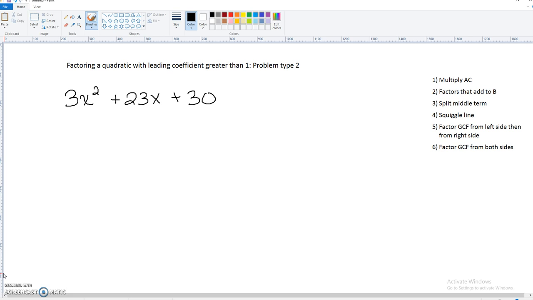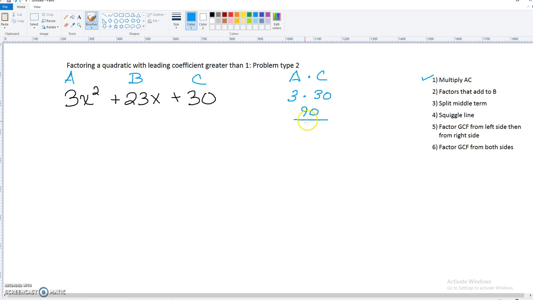this particular problem. So again, I'm going to point out that this is A, this is B, and this is C. And we need to multiply A times C. So we've got 3 times 30, which gives us 90. Okay, so we multiply.